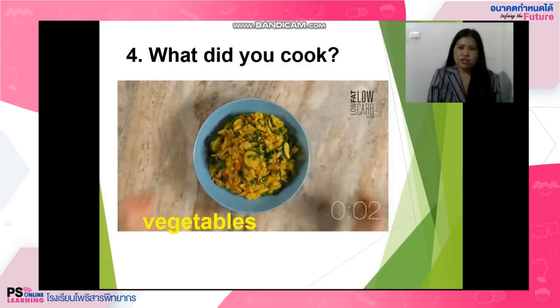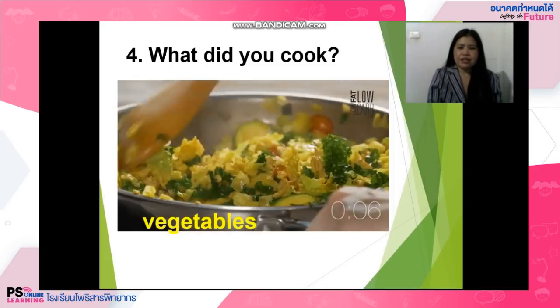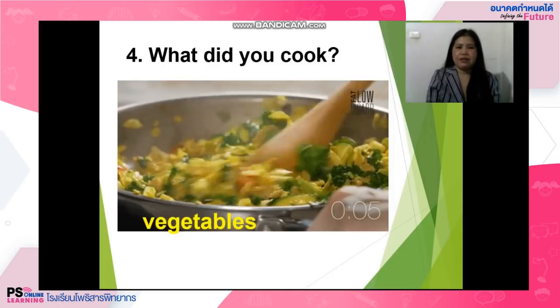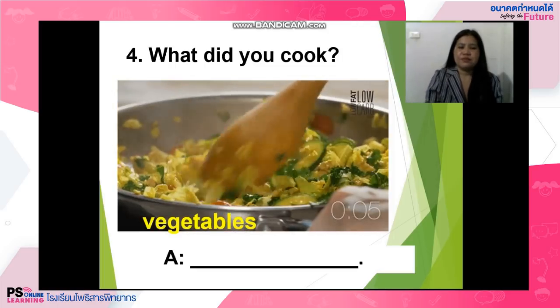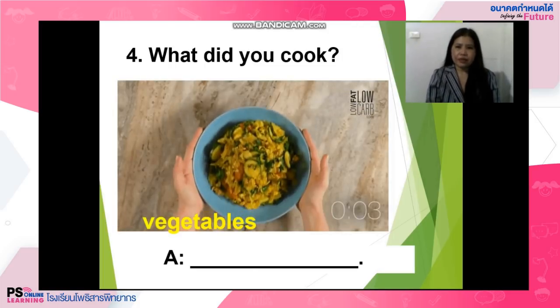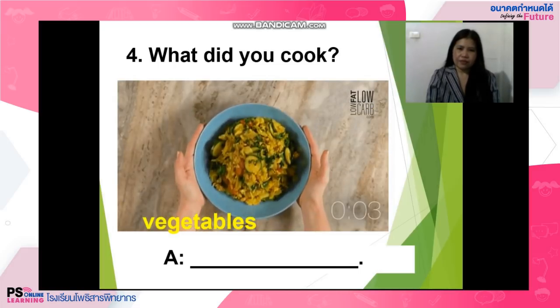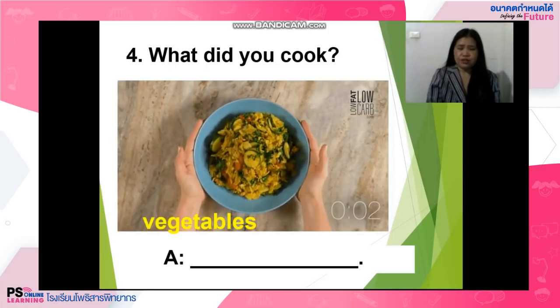You have to change cook into past tense. You have to add ed. It will become cooked. Okay? That's the clue. So write your answer. You can check your note.